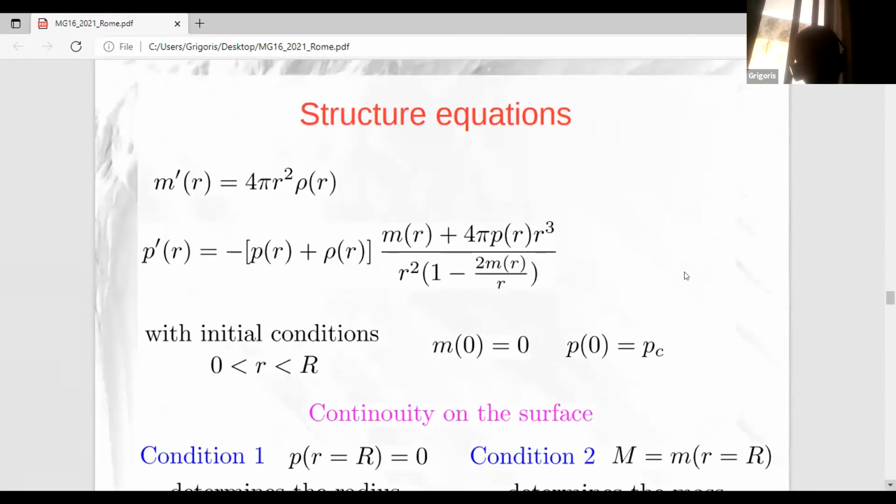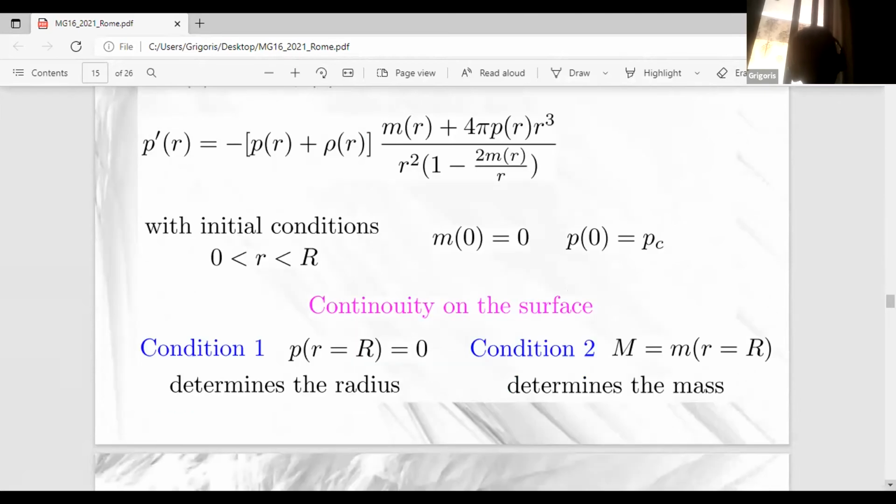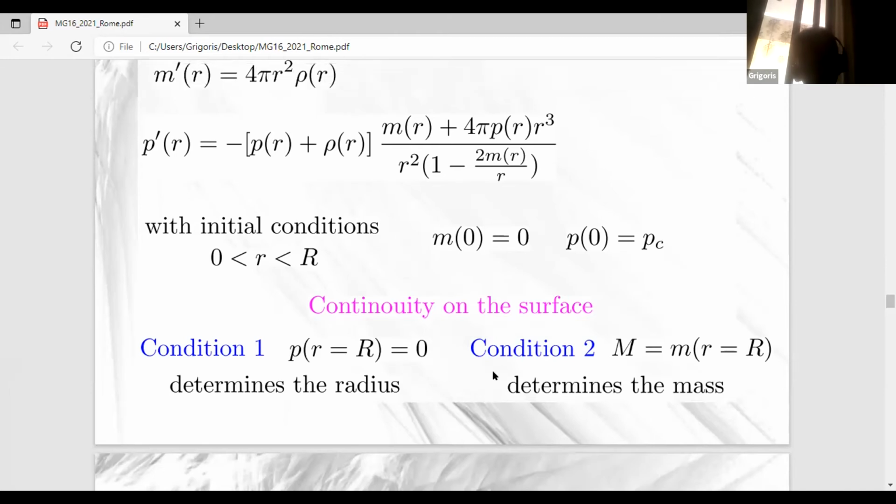So we integrate the equations starting from the origin, assuming some central pressure. And then at the surface of the star, we match the exterior to the interior solution. And these two conditions allow us to compute first the radius of the star and then the mass of the star.